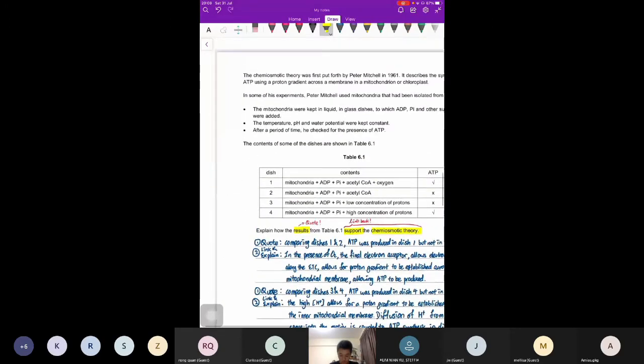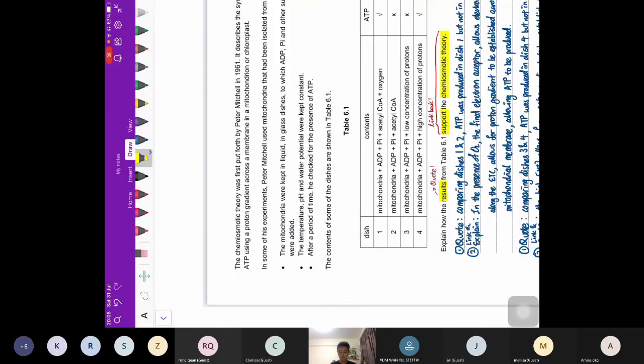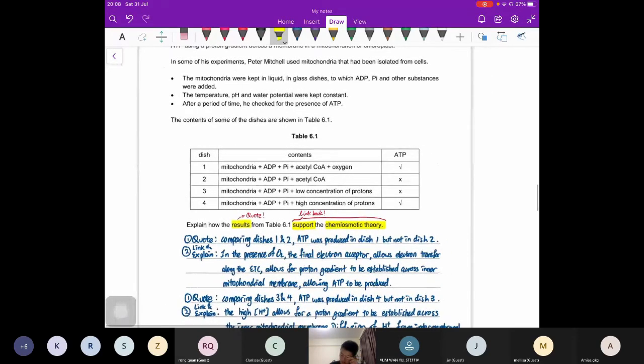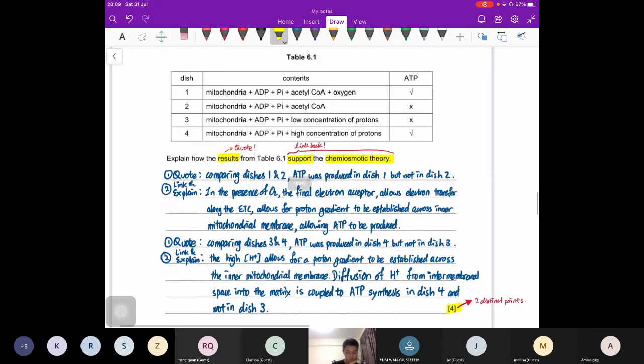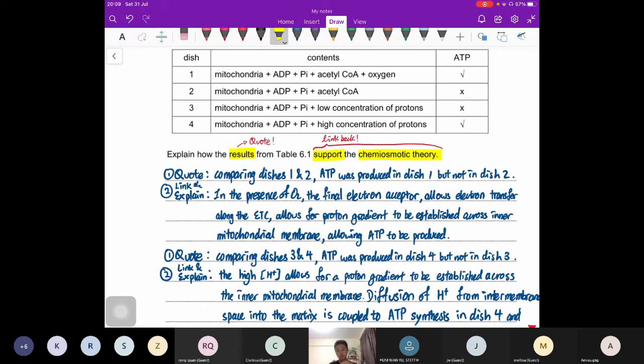Okay, so the first part of the question is this. Okay, it's 4 marks. So 4 marks means you need your 2 distinct points. So how I structured my answers was, I first looked at the word results.